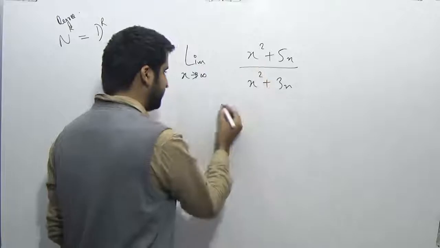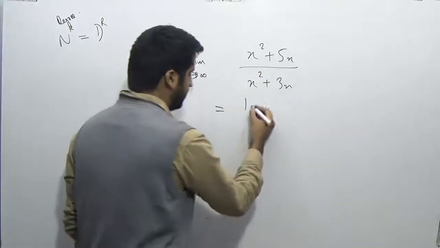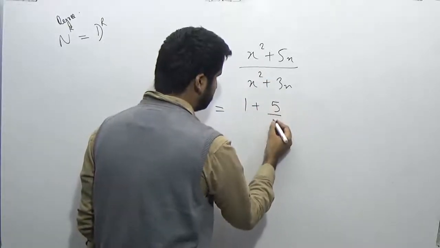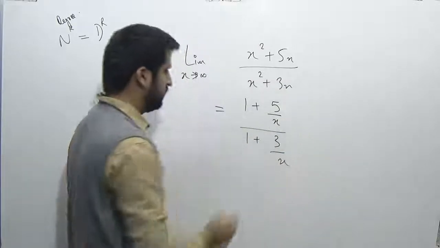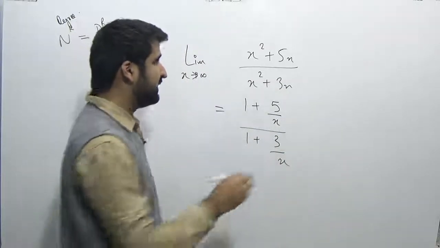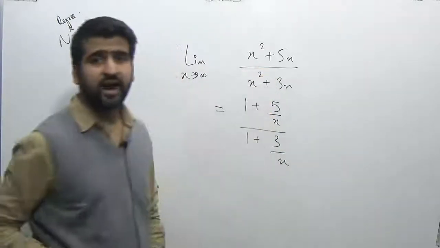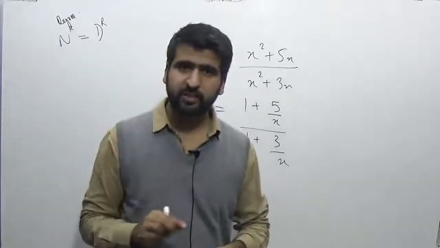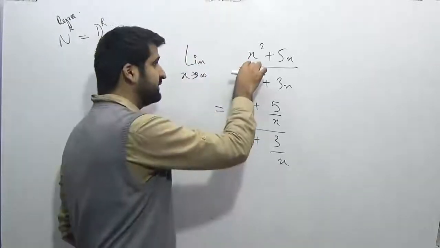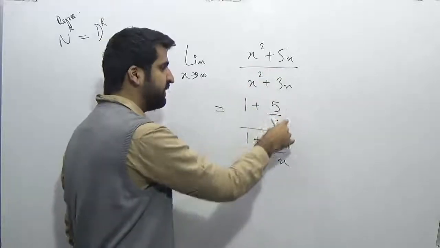Now I can also write it in some way like this. What I did is, I divided numerator and denominator by x square. The use of dividing numerator and denominator by x square is that this will become 1 and this will become 5 by x.